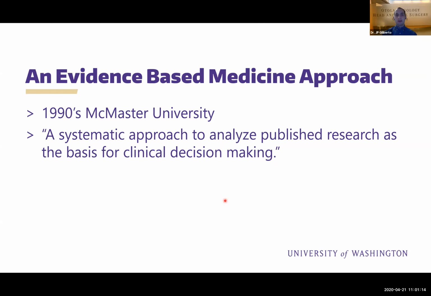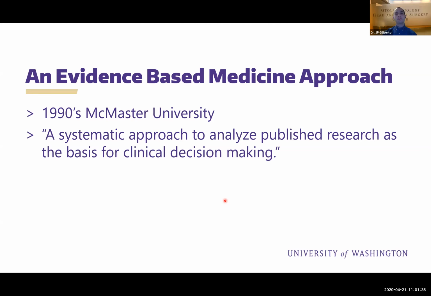I initially got into this topic when trying to take an evidence-based approach to assessing the plethora of literature about the risks of proton pump inhibitors. And as many of you know, this was published in the 1990s by McMaster University in Canada, my home country.